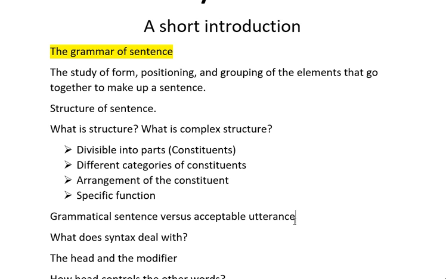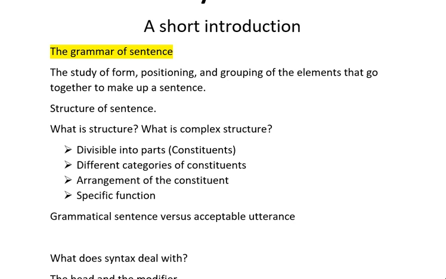In simple words, syntax basically deals with the form of sentences without considering the effects of uttering these sentences in a context. So we basically look at the grammatical rather than the contextual sense of a sentence in syntax.